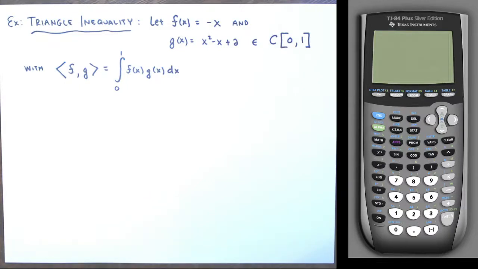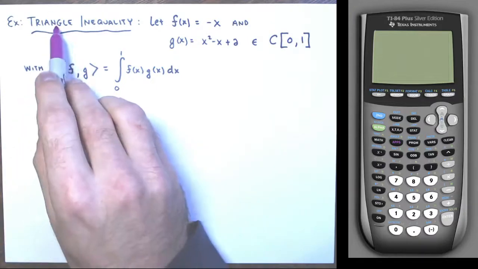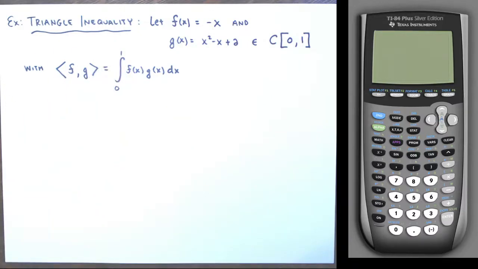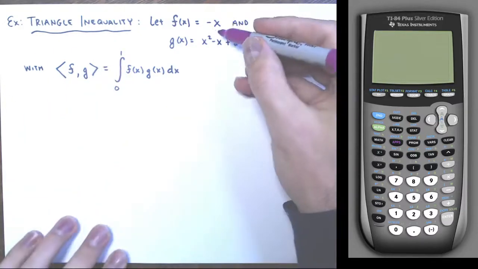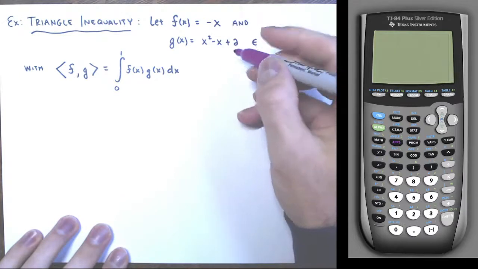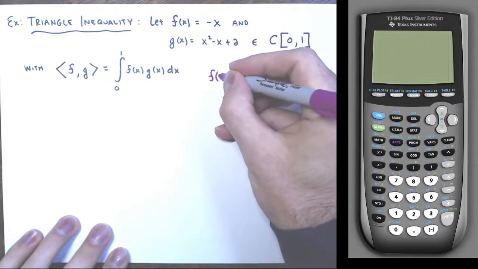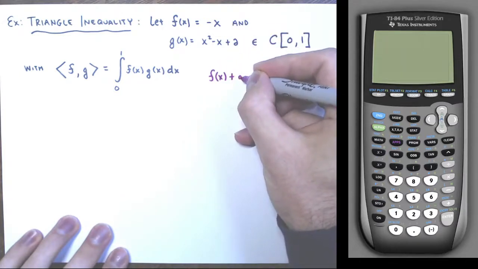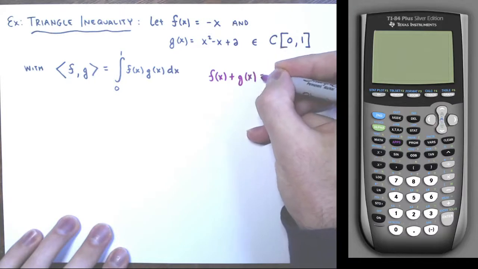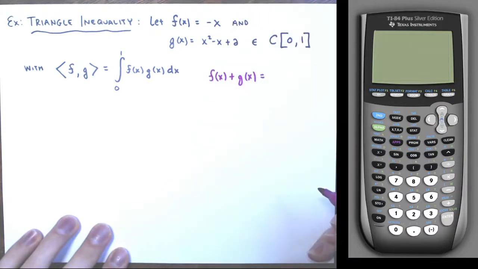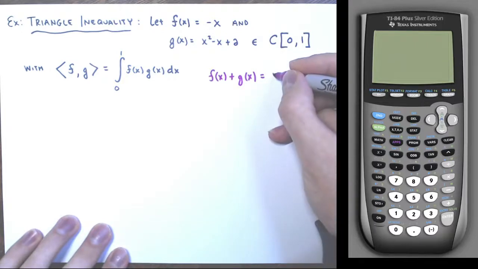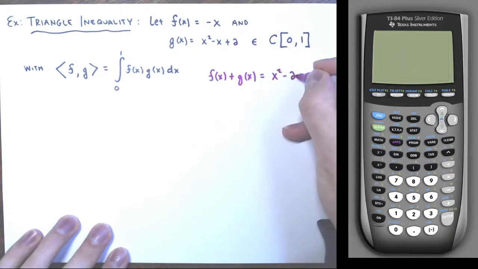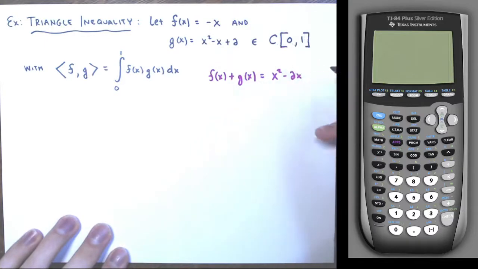All right, well, remember, I'm going to try to demonstrate the triangle inequality here. So I've got these two vectors separately, and then let's take a look at their sum. All right, what's f of x plus g of x? Well, I just picked a couple polynomials here, so just combine like terms. That would be x squared minus 2x plus 2, because you got the negative x.